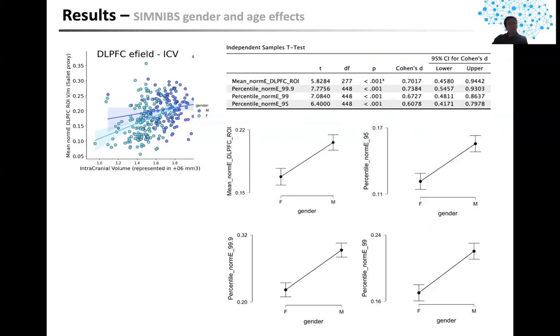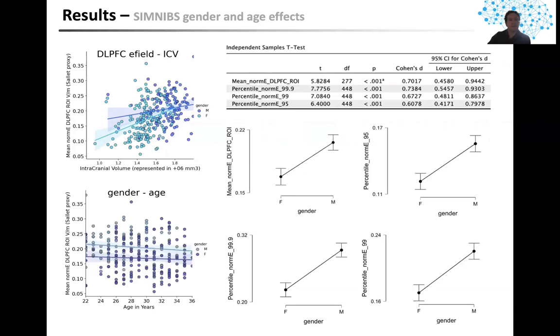The mean E fields are associated with an increased intracranial volume that has been found to be larger in males than in females. We did not find any age-related effects on the DLPFC ROI in this cohort, but this could also be related to the fact that the age range is in a younger age.